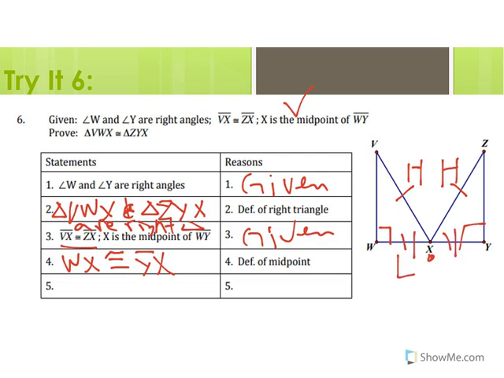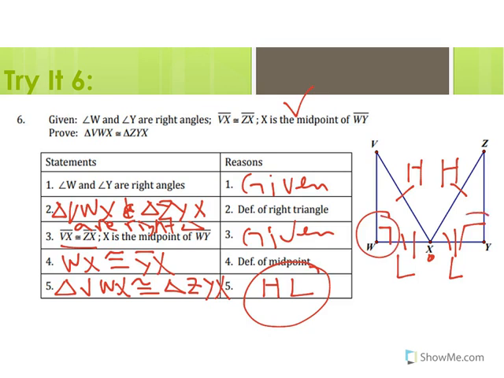So we have the leg. So step 5, we can say that triangle VWX is congruent to triangle ZYX by hypotenuse leg. Okay, remember that in order for us to use this theorem, they must be right triangles.